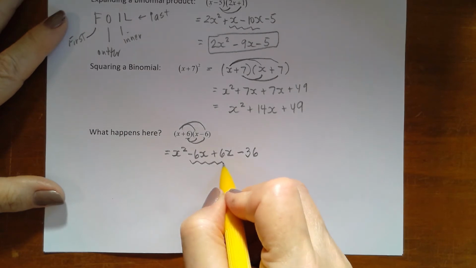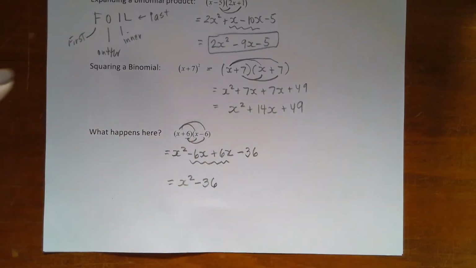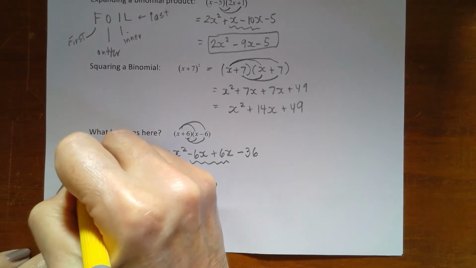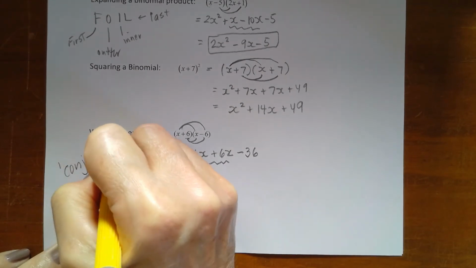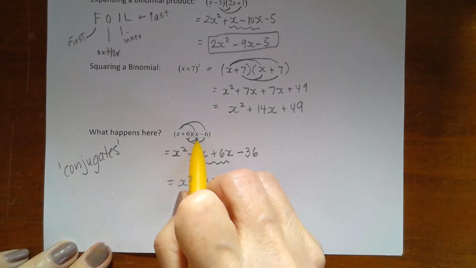And these two end up dropping out. When I multiply these two things together, these conjugates, I'll write that word down.